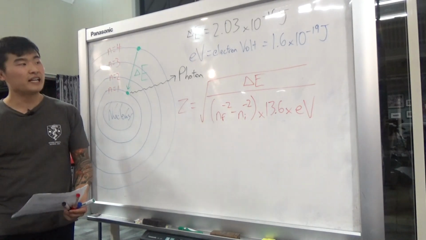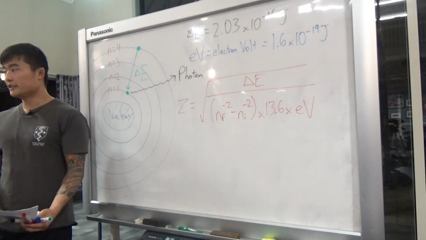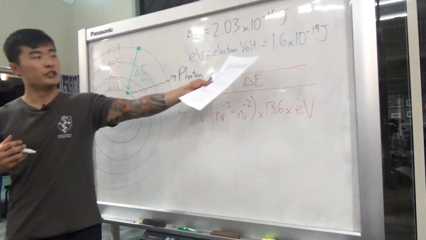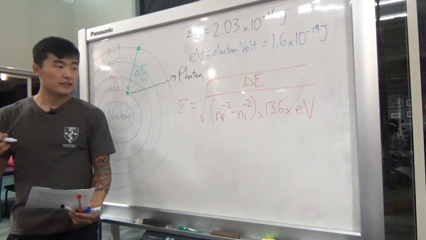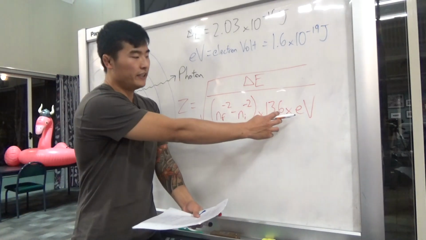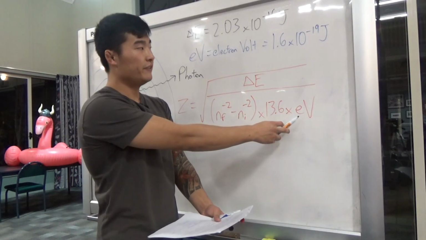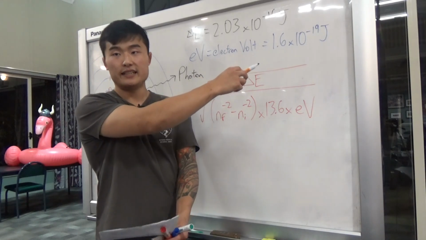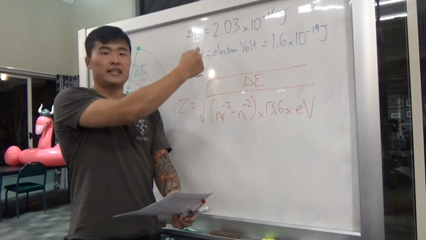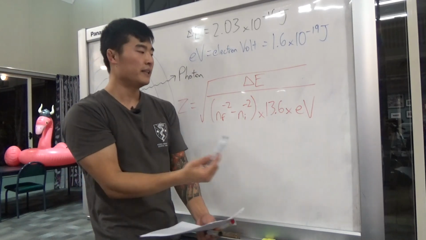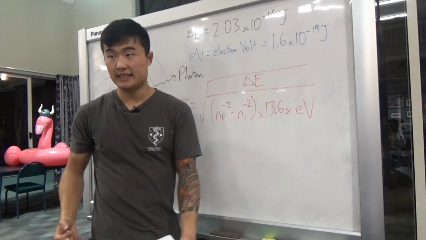The reason we do that is because when we're talking about radiation, all of our quantities are so small, so that's just a really small unit to make it easier to deal with these small quantities. Because we have our energy in joules, we need to replace this EV with 1.6 times 10 to the negative 19. If we had our energy in units of electron volts, which can happen, then you wouldn't need to put 1.6 times 10 to the negative 19 in there.